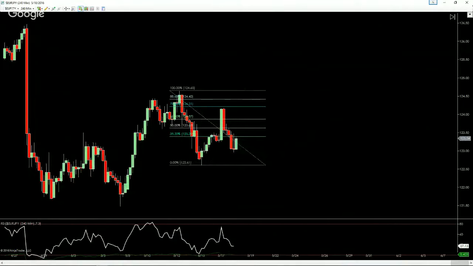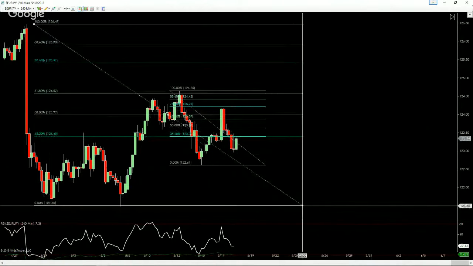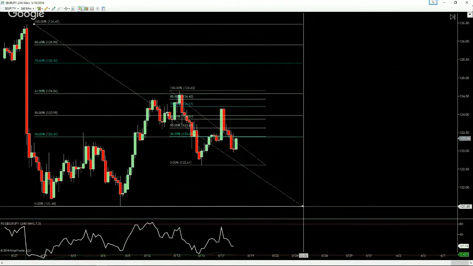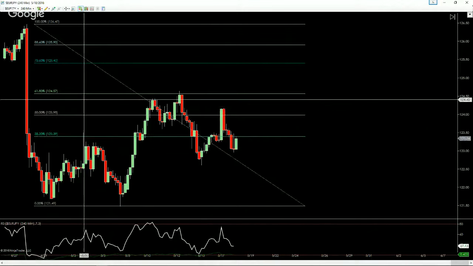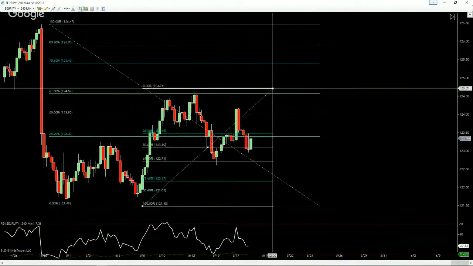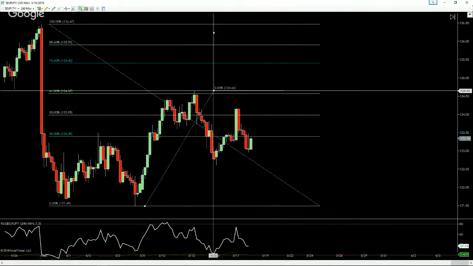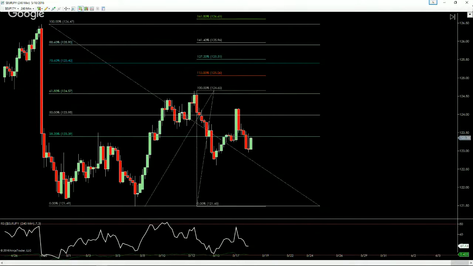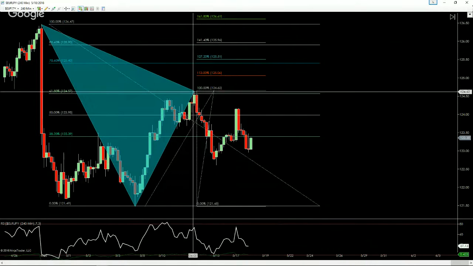See if we have this also. Let's double check this. Yep. So on the 240, we could be looking at a bearish Gartley trading opportunity if price comes back up to that 127 extension.